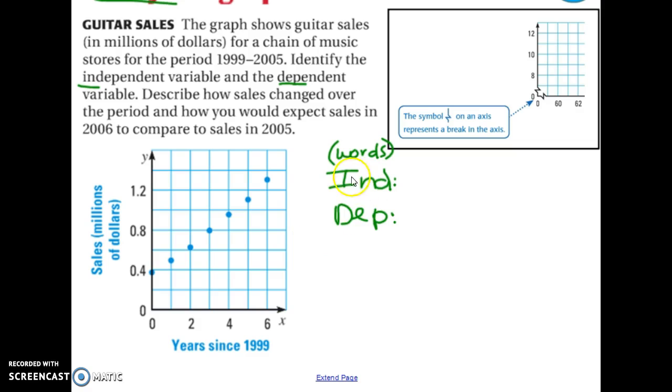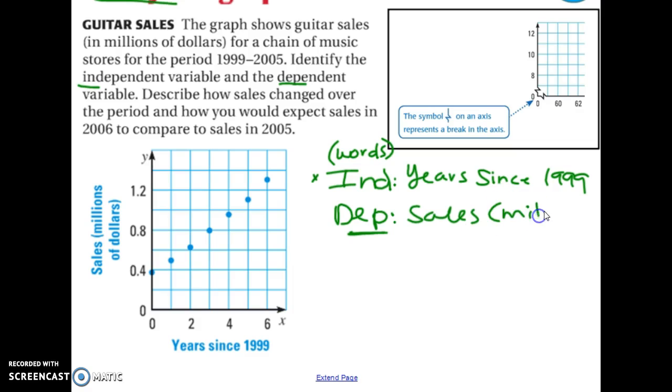So our independent variable, what we would plug in for x, here's our x-axis, well, it says years since 1999. So that's our independent variable, how many years we have. Our dependent variable, what we get out, well, our sales is dependent on the number of years it's been. So our sales, or our y-axis, in millions.